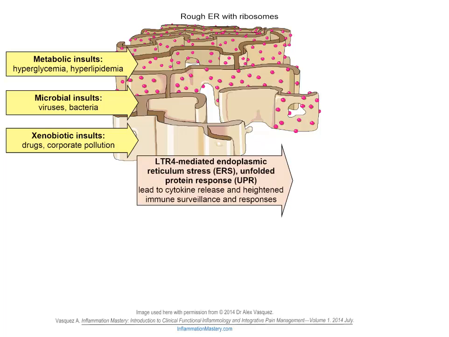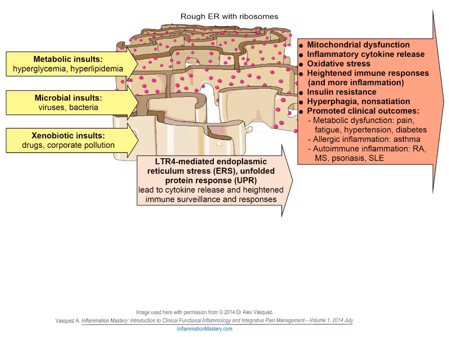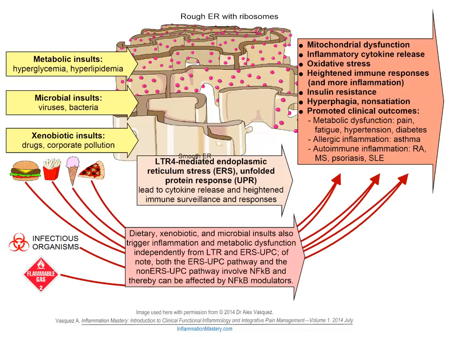Toll-like receptor 4 activation causes an inflammatory response of its own, but it also triggers endoplasmic reticulum stress, which is its own inflammatory pathway, and feeds forward and receives feedback from the mitochondria to perpetuate that vicious cycle. So it's a mess. And that's why we see these patients with these long-term sustained inflammatory responses.